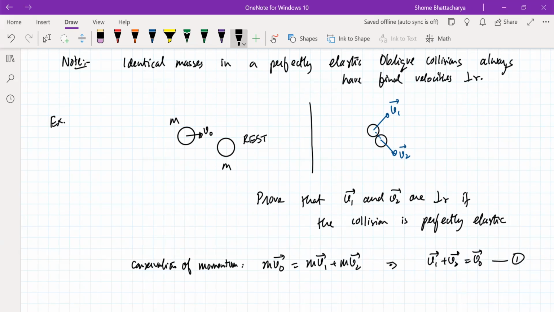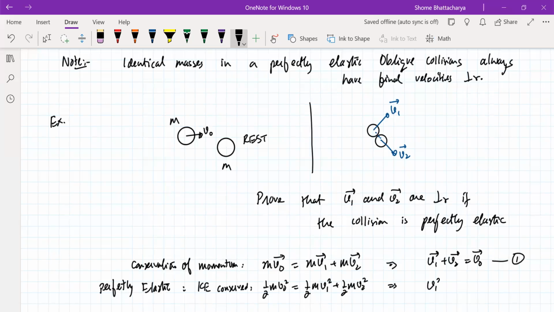And second, perfectly elastic we can interpret, instead of using coefficient of restitution, as kinetic energy conservation. So we have V1 square plus V2 square is equal to V0 square.